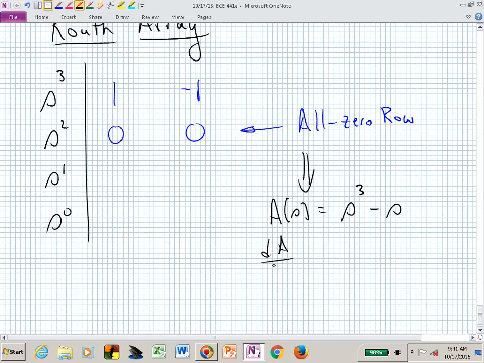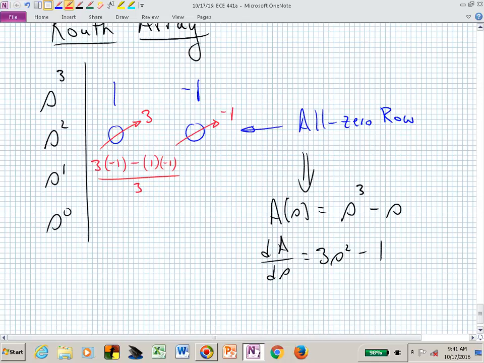We differentiate that, 3s squared minus 1. Now we can use those to fill in these zeros. We have a 3 there, and we have a minus 1 there. And now the S1 row can be created. We have 3 times minus 1 minus 1 times minus 1, all over 3.